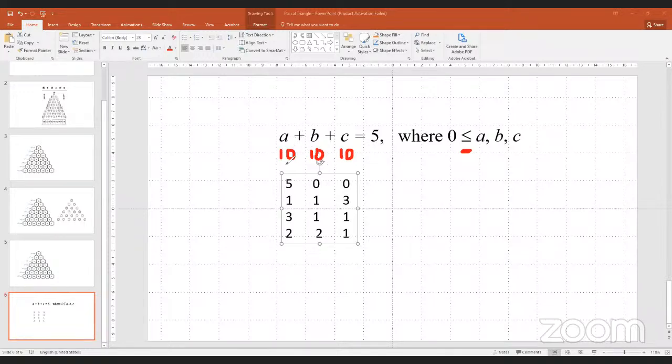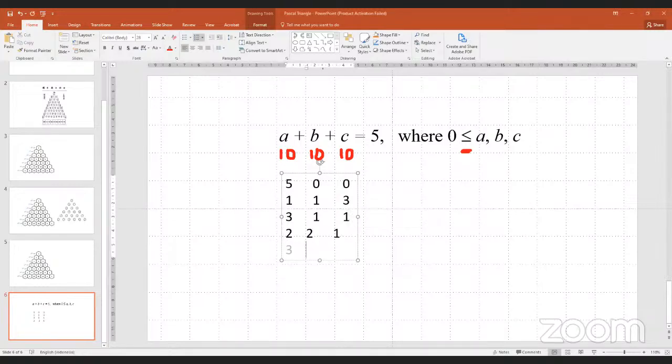But if you put the example, for example 9, 9, 9, that is not working.